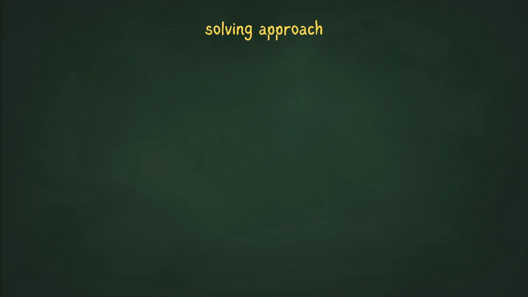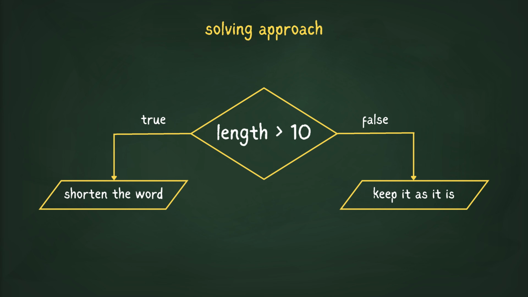The same goes for the word internationalization. The length of the word is 20 and it has the number 18 in its short form. So we can say that we will have to print the first letter, then we need to print a number less by 2 from the length, and then the last letter to get the short form of a particular word. And again, we don't need to shorten a word that has only 10 or fewer letters.